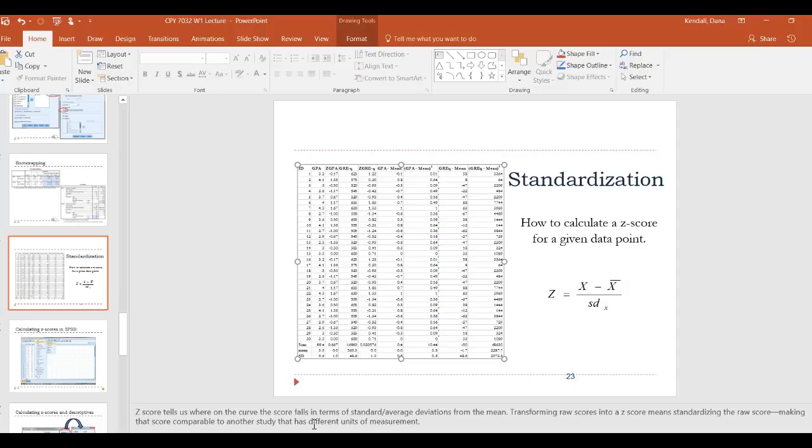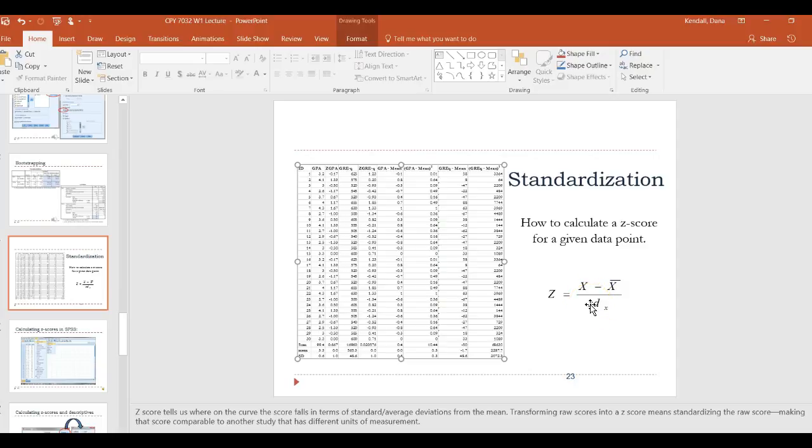So here, before we start in Excel, here is the formula. For any given raw data point in a data set, we subtract off the mean of those raw data points, and then divide by the standard deviation.